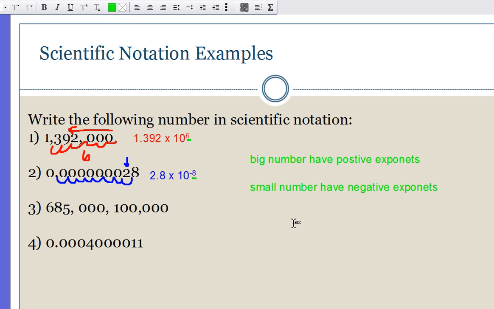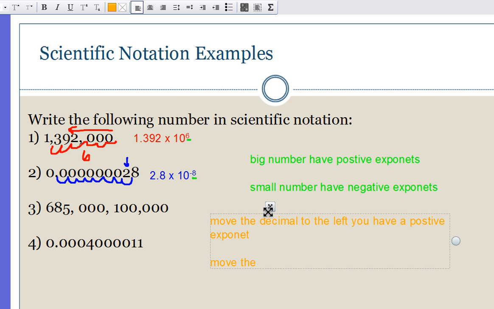Alright? And you can also write this. This is the other way you can kind of help to remember. If I move the decimal to the left, you have a positive exponent.